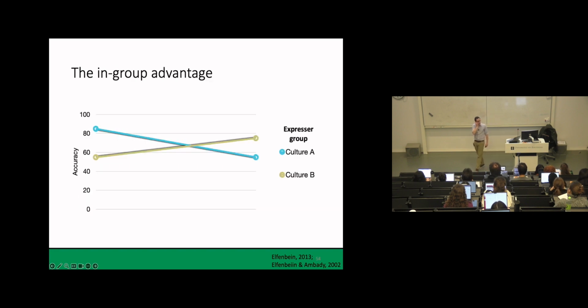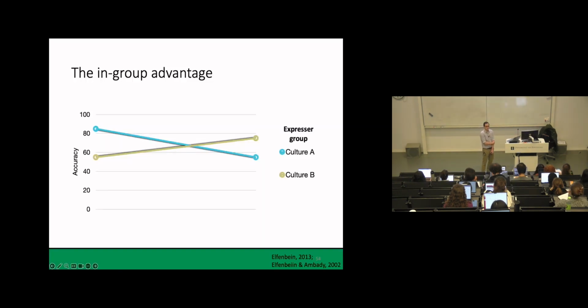Why do you guys think this might be? Yeah? Because people within the same culture are more likely to have a similar facial muscle structure. Hmm. So I assume we're quicker to recognize those specific emotions within our culture compared to another whose muscles can deviate a little bit.